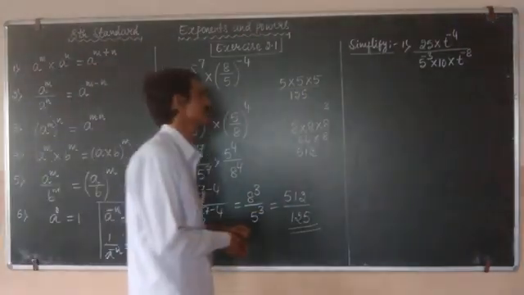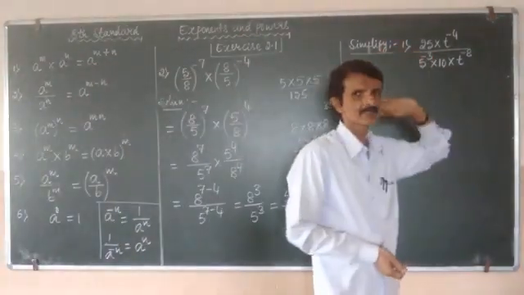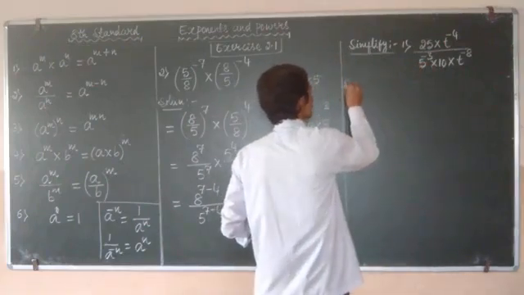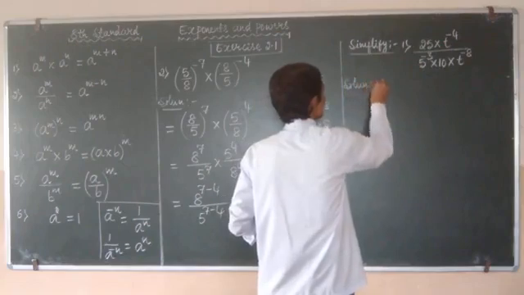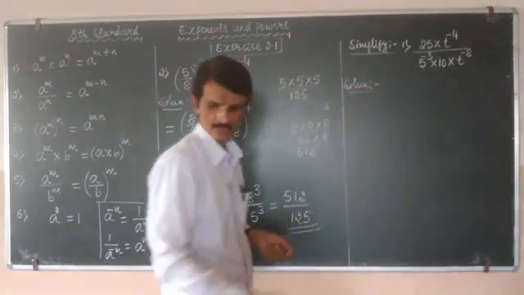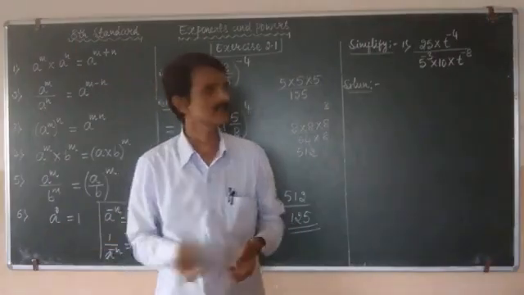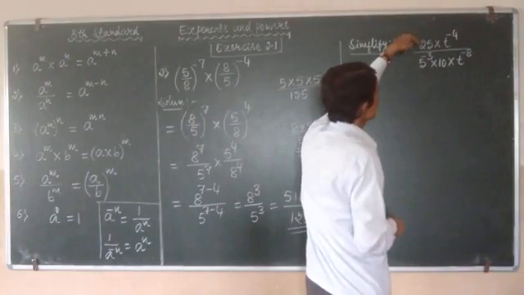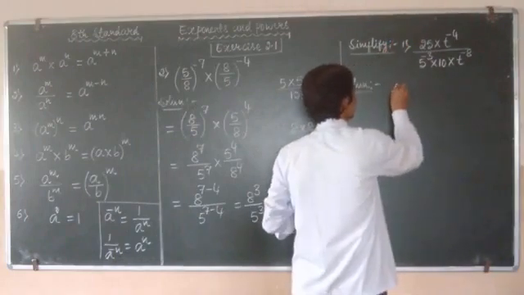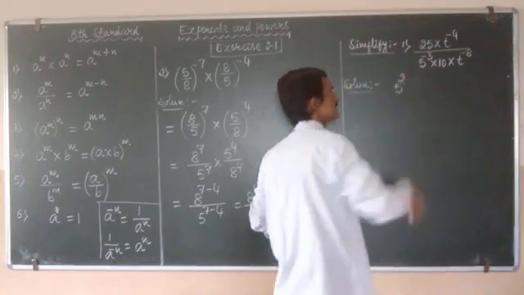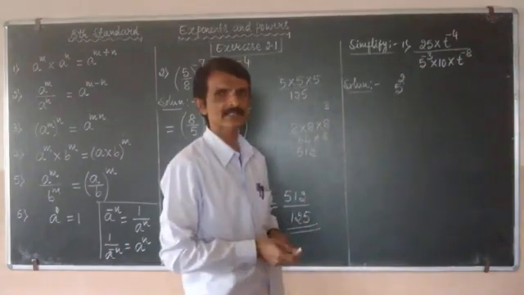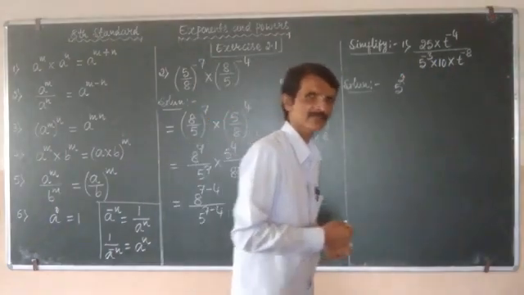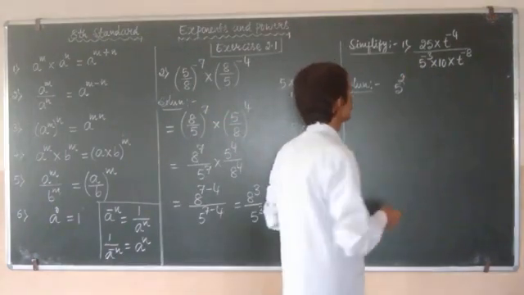Now students, observe this problem. Here we have to simplify this. For this we will use suitable formulas. Observe here, this 25 can be written as 5 square, because it is a product of 5 into 5.